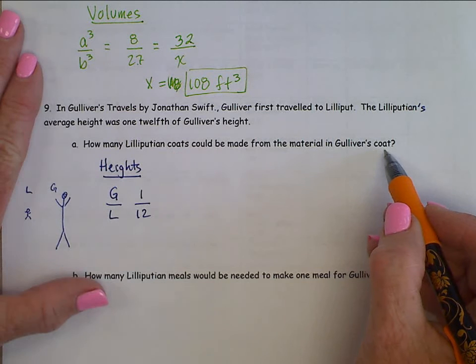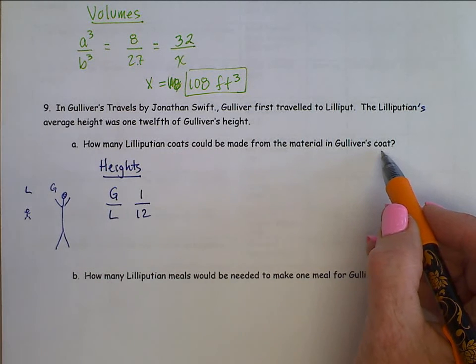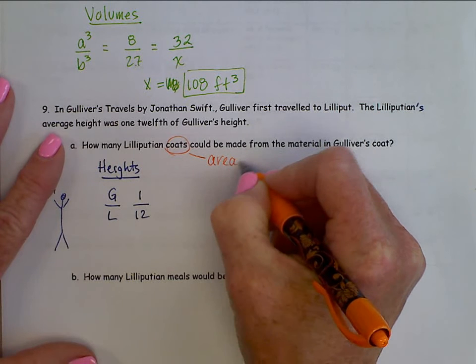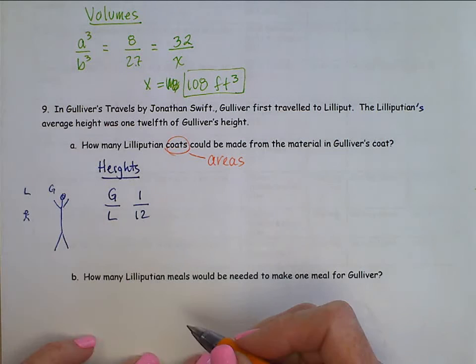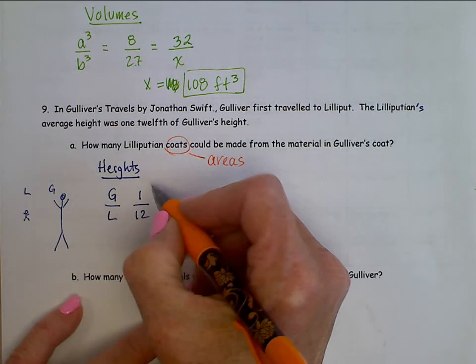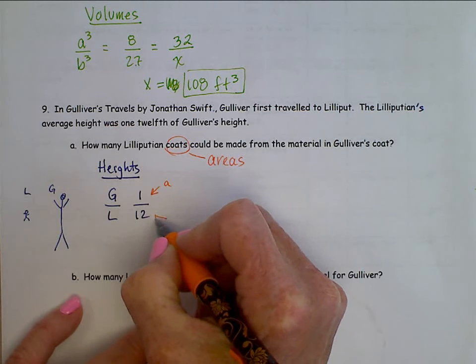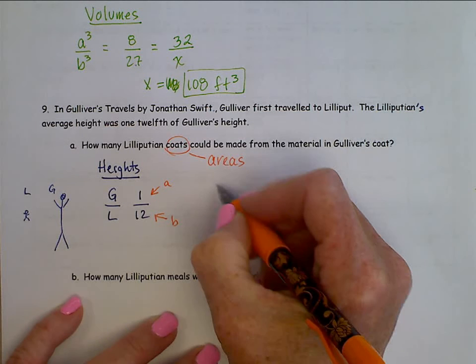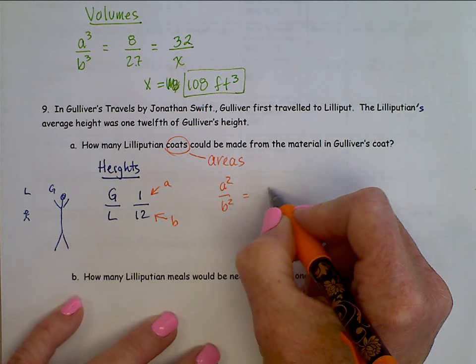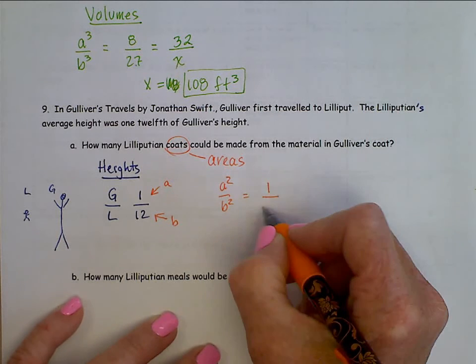coat. Well, a coat is fabric, that's surface area. That means that we need to do a squared to b squared. So here's the a with heights, there's the b. Areas is going to be a squared to b squared, which is going to be 1 to 12 squared, or 144.